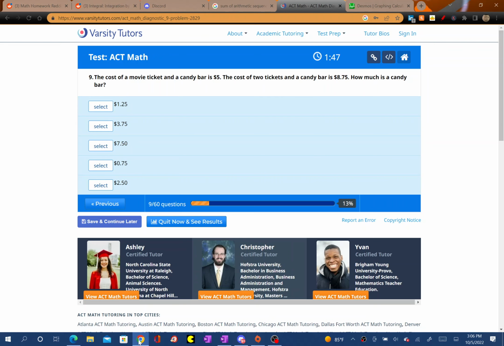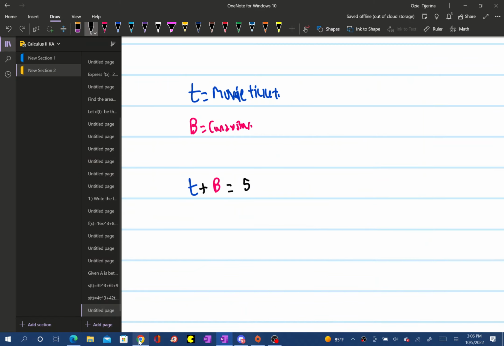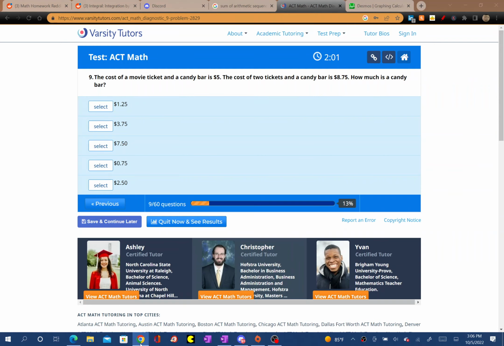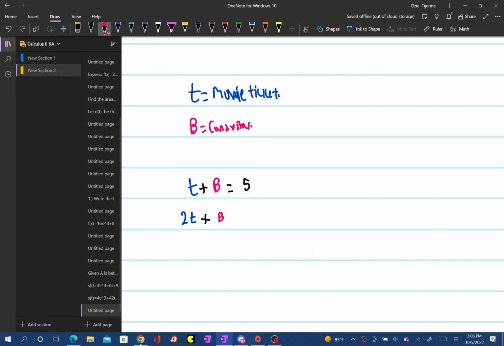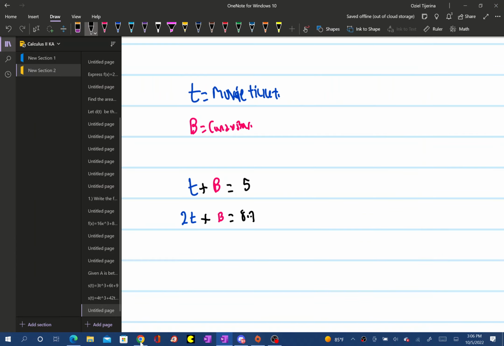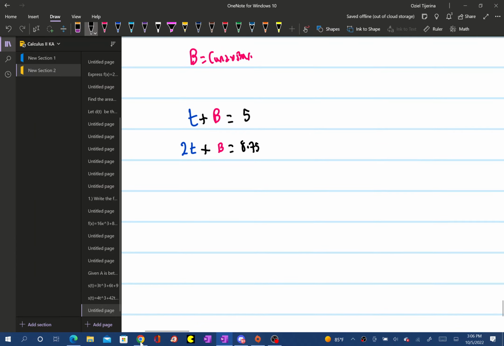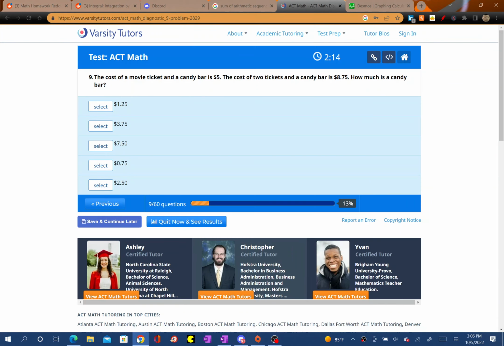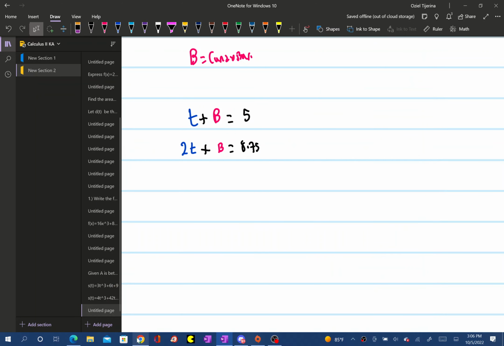And the cost of 2 tickets and 1 candy bar, that means 2T plus B is going to be $8.75. Okay. And then they're asking, well, how much is a candy bar? So how much is B?